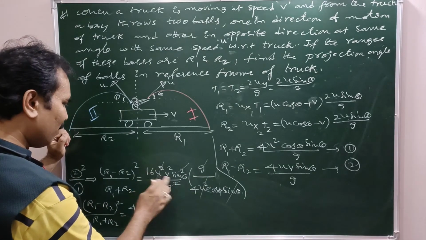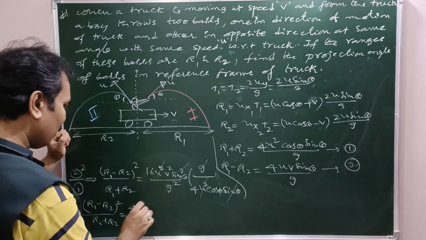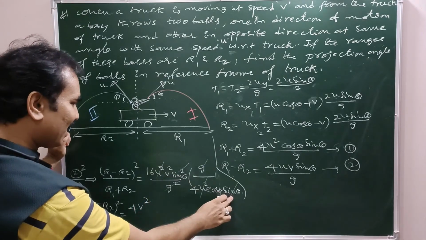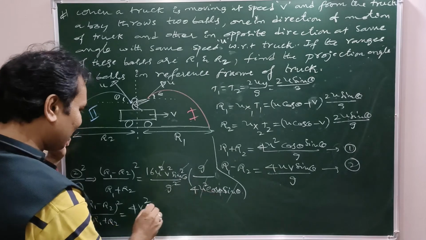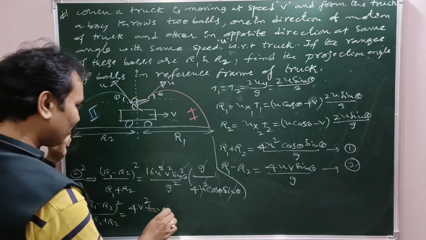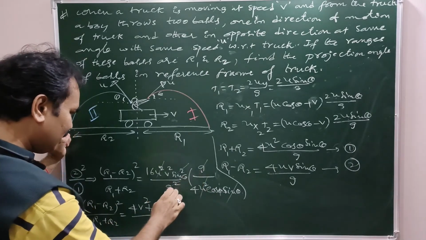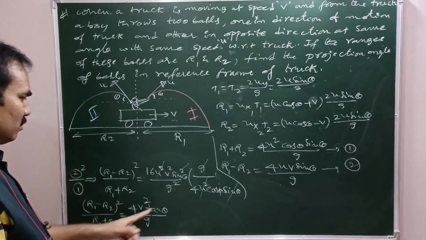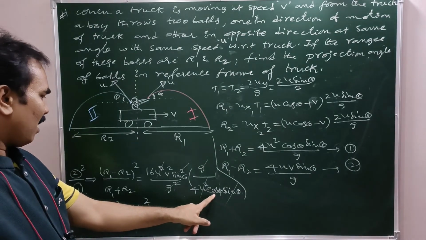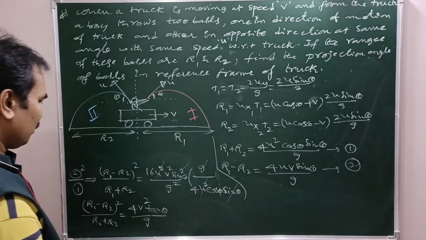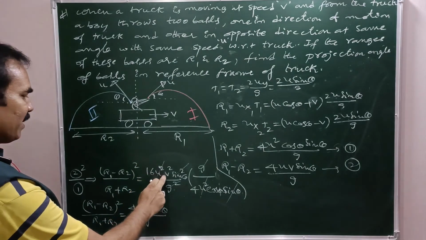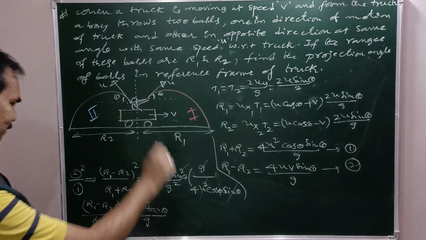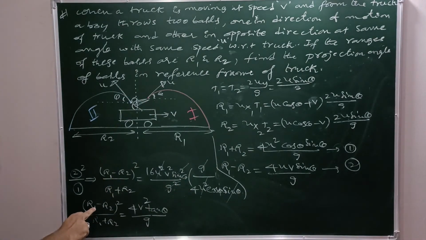So 4v square sin theta by g over cos theta, that is tan theta. This is R1 minus R2 whole square by R1 plus R2, that is 4v square by g tan theta.